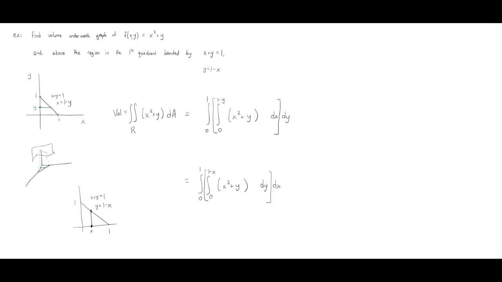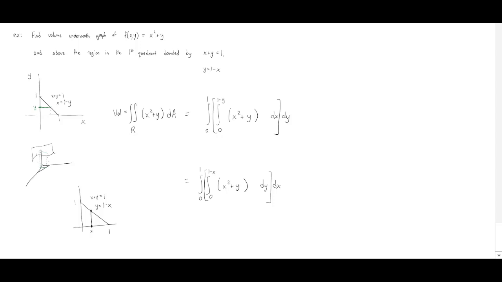You can still do the order however you prefer, dx dy or dy dx. But note that this time the bounds don't just switch. I didn't just carry 0 and 1 minus y over here. I had to change it according to my region. So always draw the region to figure out how to set up the bounds on the integral.